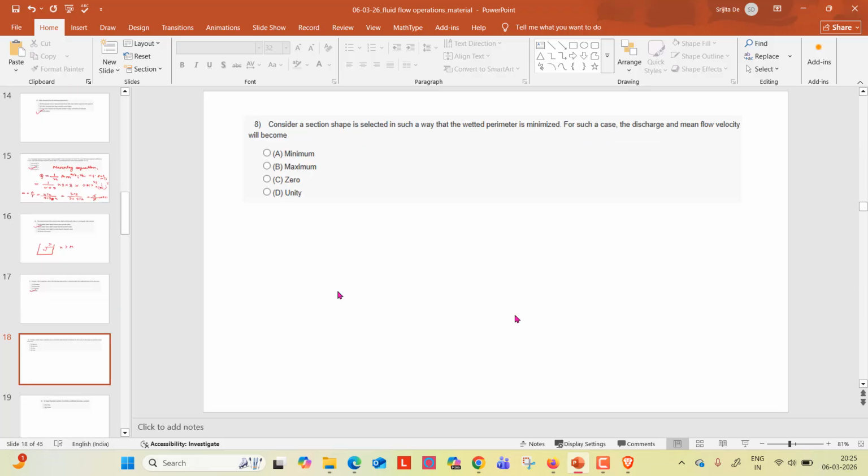Next, consider a section that is selected in such a way that the wetted perimeter is minimized. For such a case, the discharge and mean flow velocity will be what?